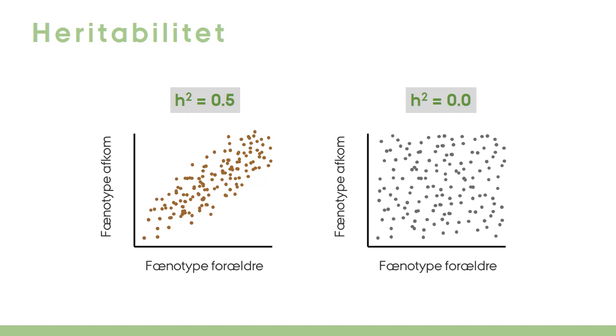If you have a heritability of 0, like you can see on the right graph, parents with a high phenotypic value have offspring of the entire range, and parents with a low phenotypic value have the same kind of offspring. So there is no relation between the phenotype of the parent and the phenotype of the offspring. So there's a heritability of 0.